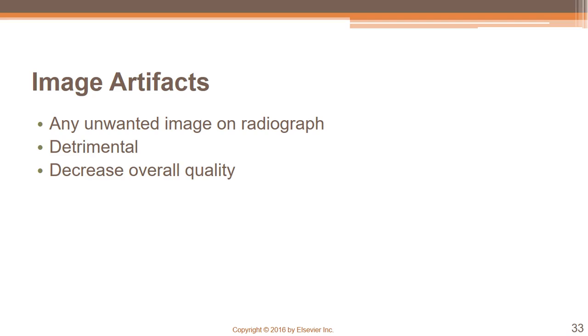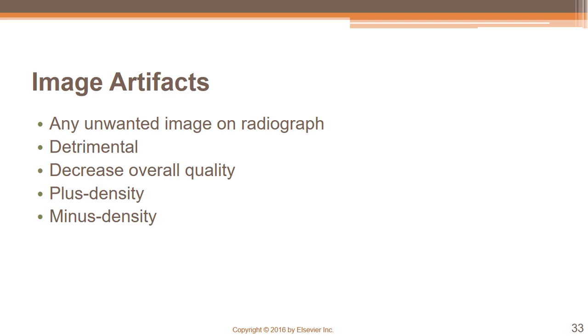And there are several different methods of labeling artifacts. Generally, they can either be a plus density or a minus density. And it's exactly what you think. Plus density means there's something dark on your image that shouldn't be there, and a minus density means there's something white on your image.